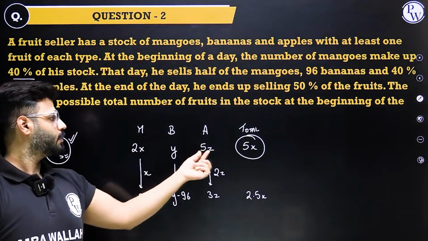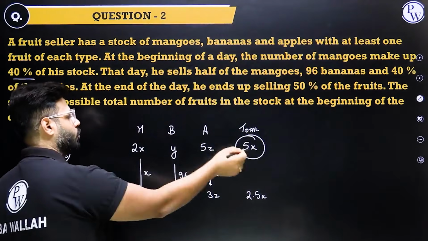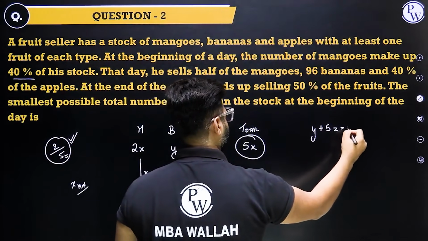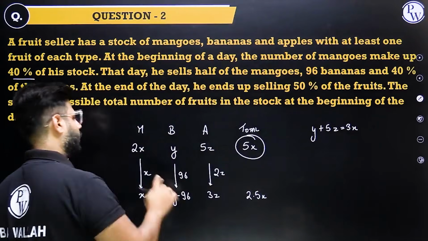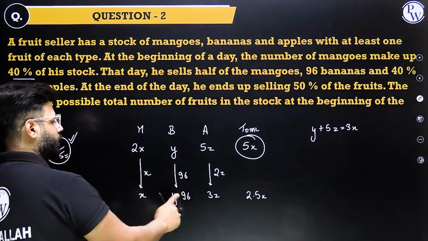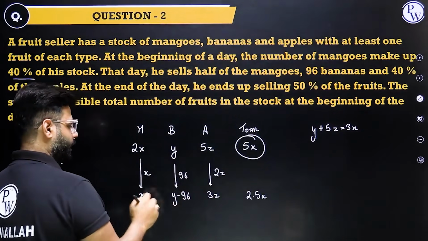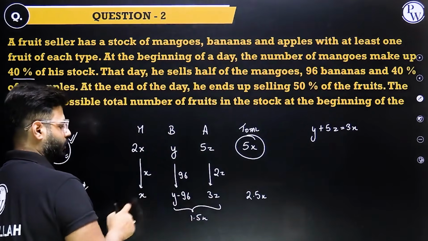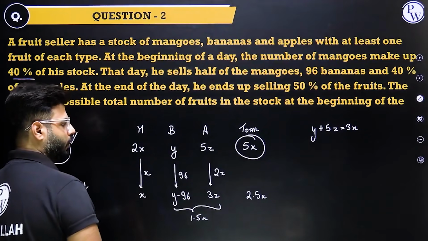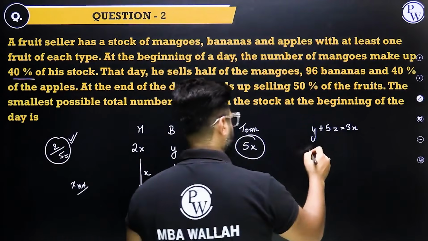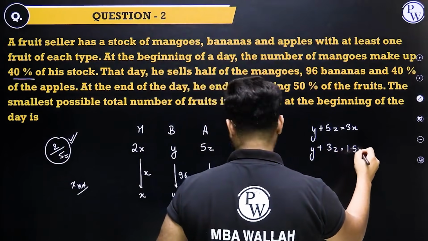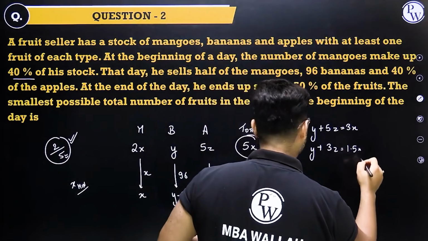So this plus this equals 5x, 2x goes over there, y plus 5z becomes 3x. First equation, right? 2x goes over there. This plus this is 2.5x, 1x is here, so that means this combined makes the rest of 1.5x. So y plus 3z equals 1.5x, and this 96 goes over to this side.